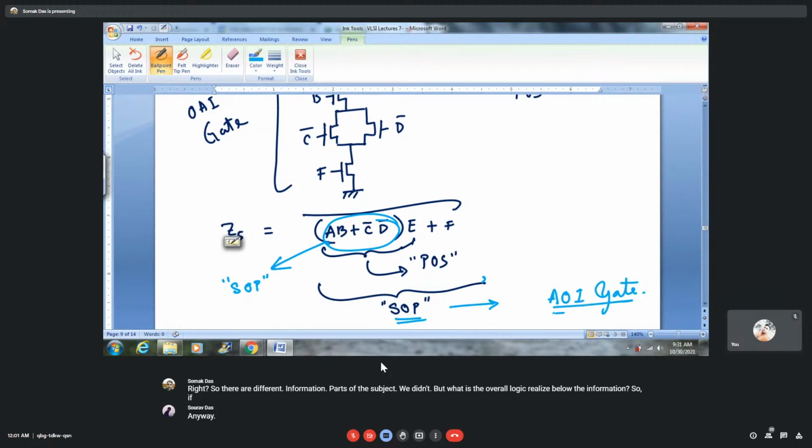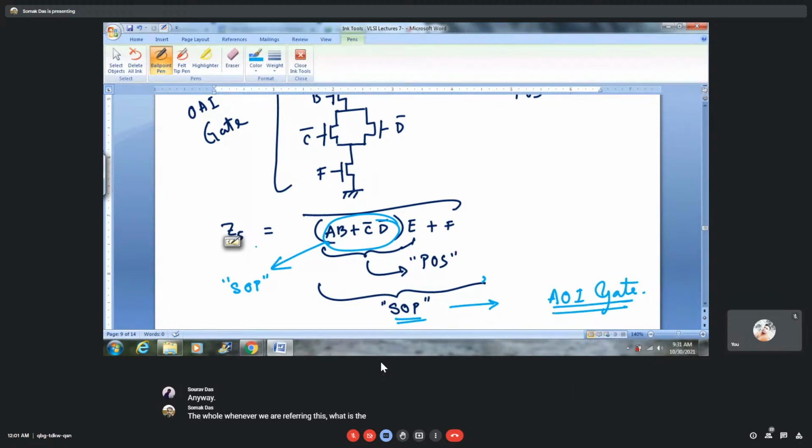Whenever we refer to the logic gate type, we do so in the context of the whole expression below the inversion, even though in-between parts of the expression can be in SOP or POS form individually.